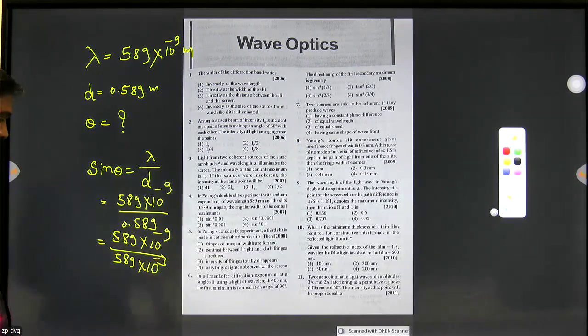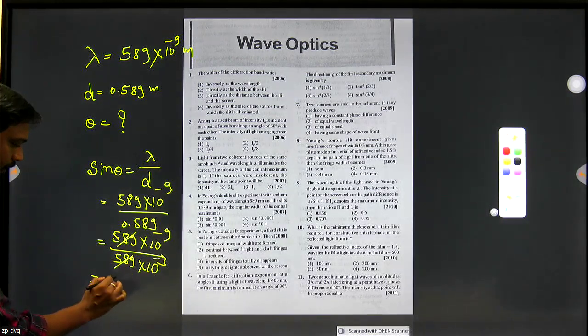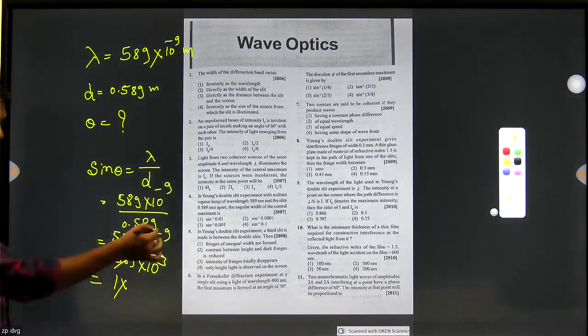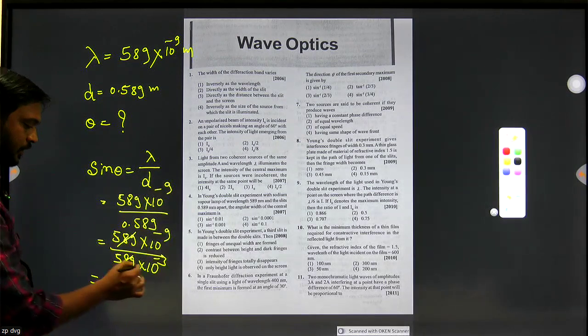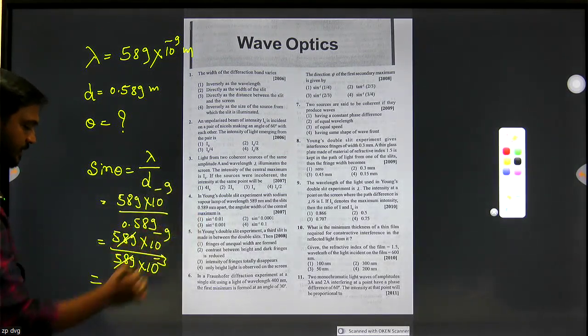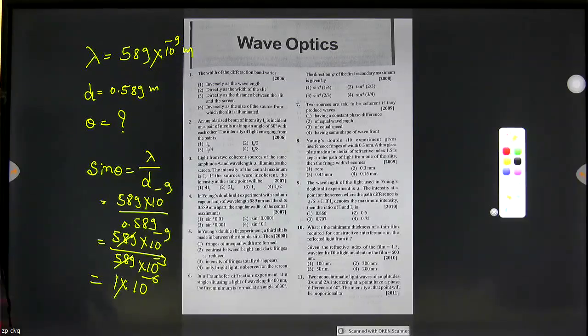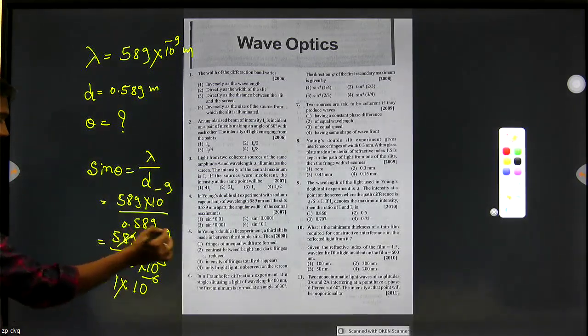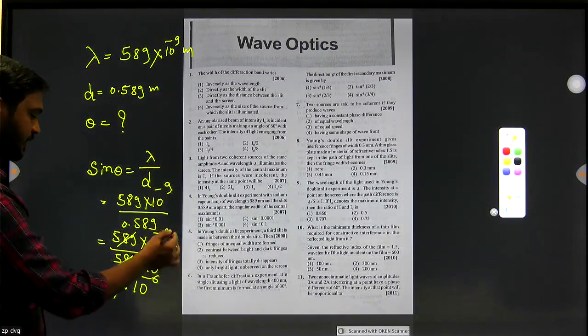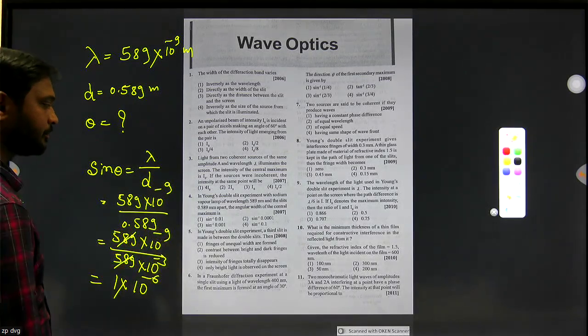So 589 gets cancelled, then minus 9 minus 3, that is minus 6.